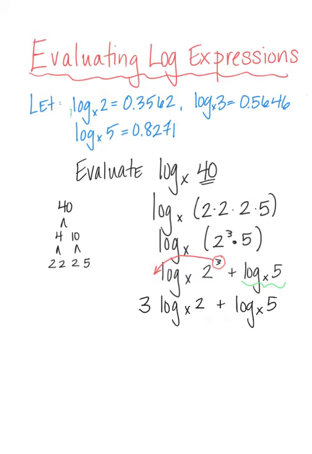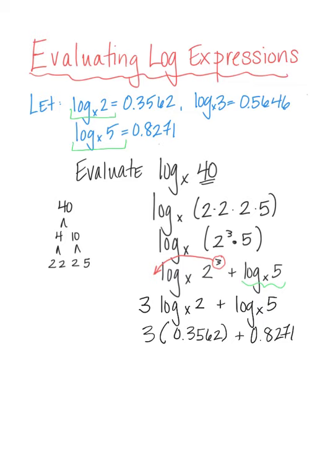I know that log base x of 2 is this decimal value, and log base x of 5 is this decimal value. So doing some substitutions, log base x of 2 is 0.3562, and I'm going to add that to log base x of 5, which is 0.8271. So let's multiply that out.